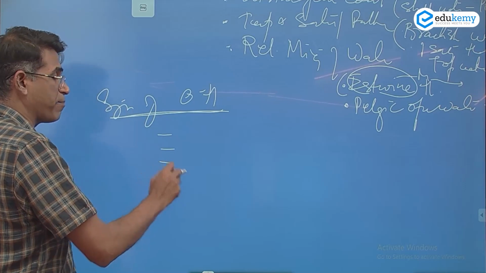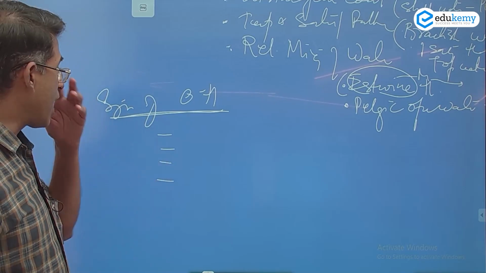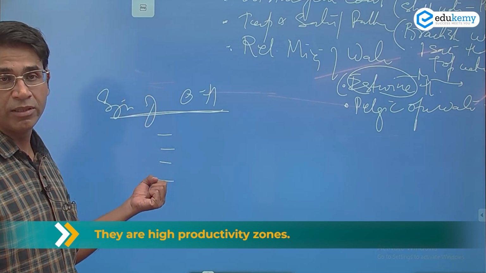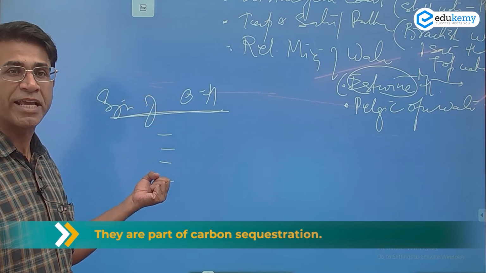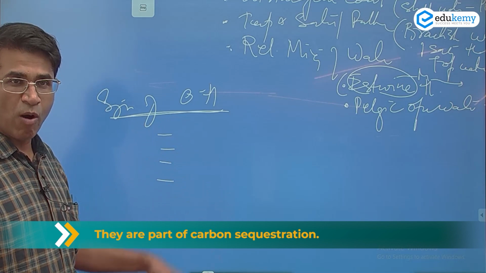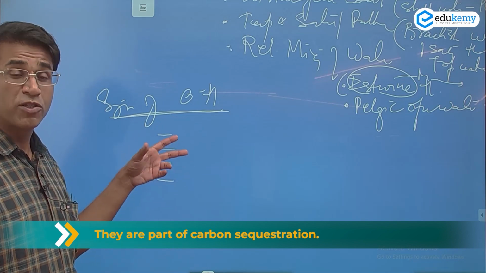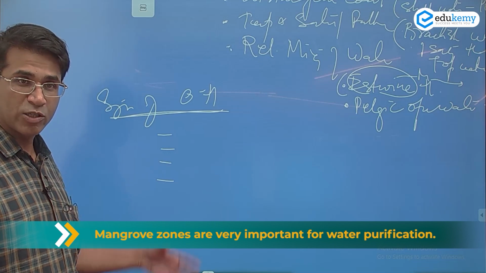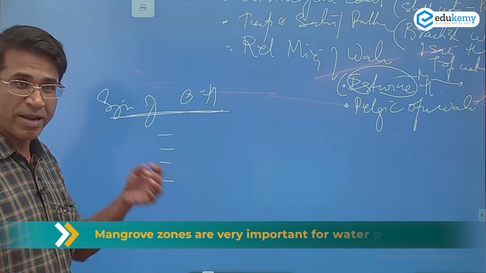I gave you 4-5 points. They are high productivity zones. They are part of carbon sequestration, carbon sinks. They purify the waters. Mangrove zones are very important for water purification. Areas of high biodiversity, economic sustenance.